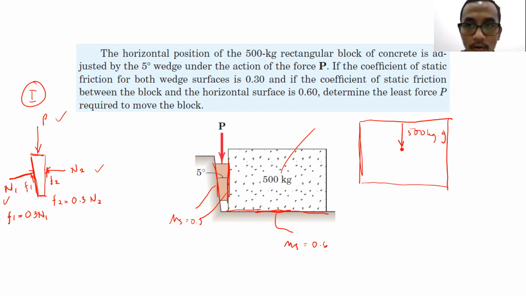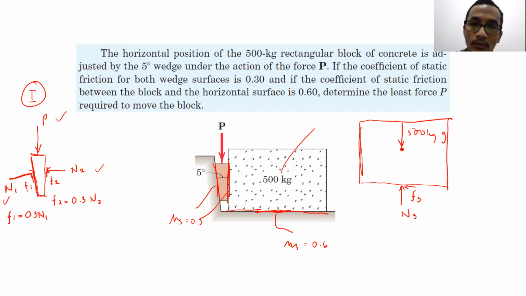And what else do we have there? There will be a normal force here, normal 3. And because when we push the wedge in like that, the weight will move to the right, the friction force will be going to the left. Friction force 3, like that.